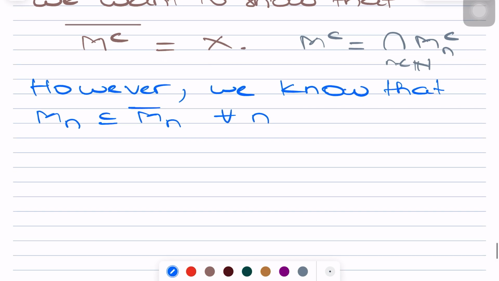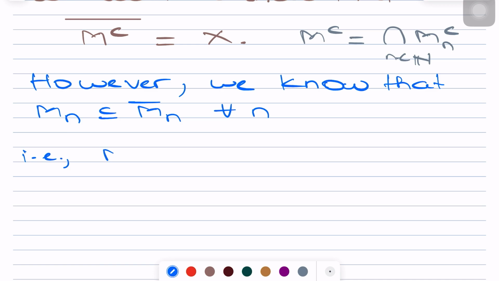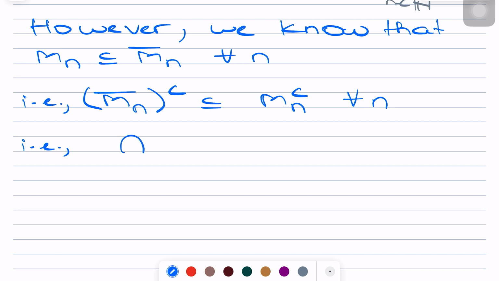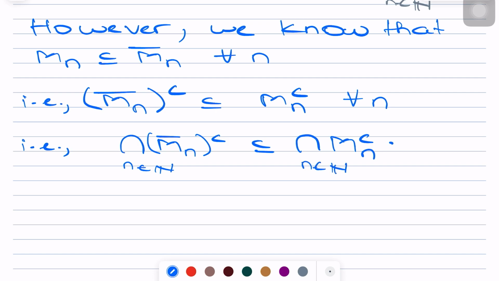So this means that the complement of the closure is contained in Mn complement for every n, which means that the intersection of this over n in N is contained in M complement. No, let me write first into this intersection. But this is nothing else than M complement. So let's call this relation star.